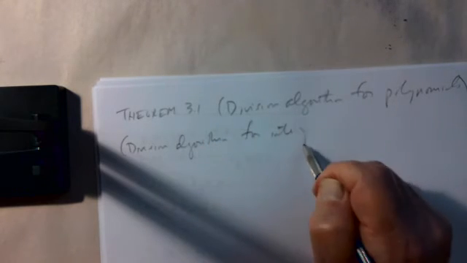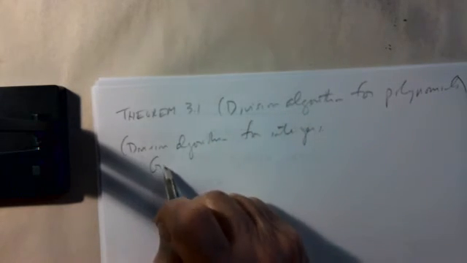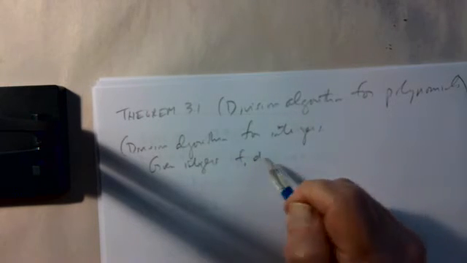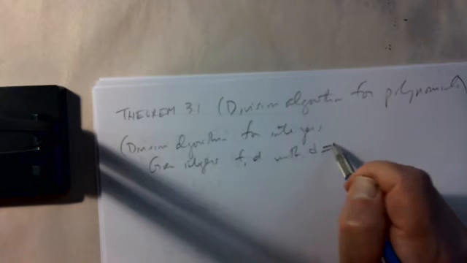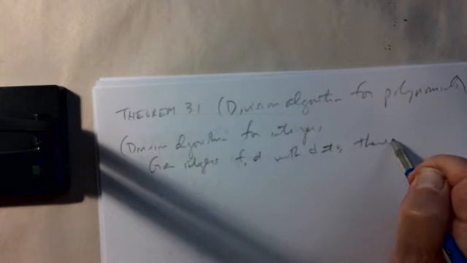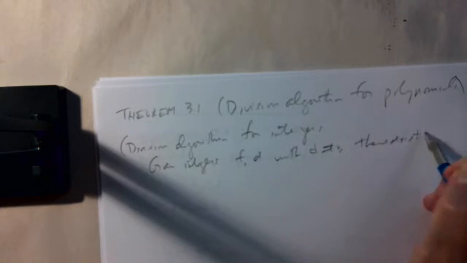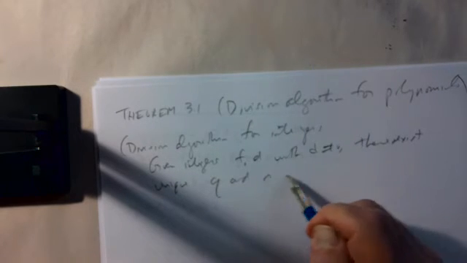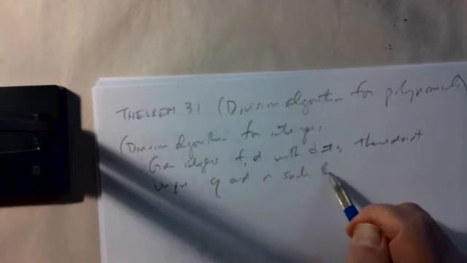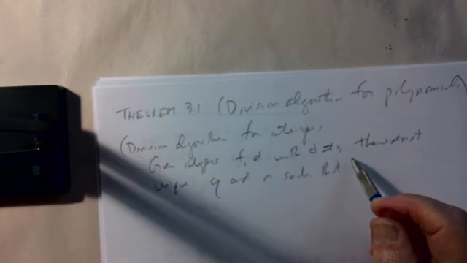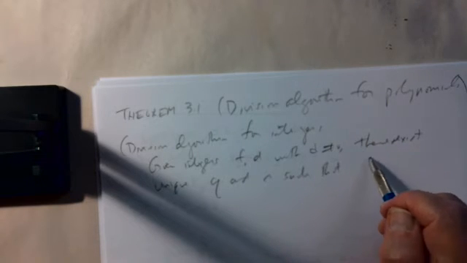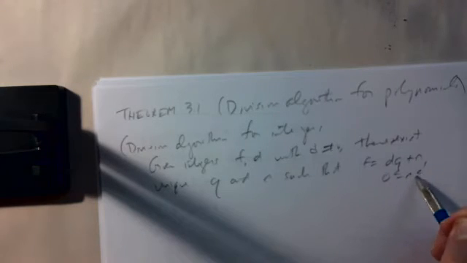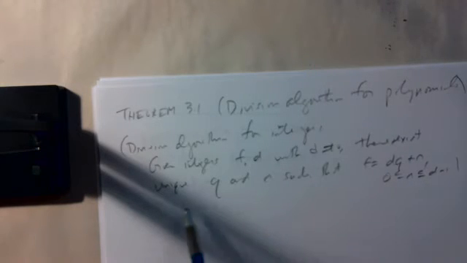If you are given integers, I'll call them f and d, with d different from 0, there exist unique integers q and r such that f is d times q plus a remainder r, and r is between 0 and d minus 1.